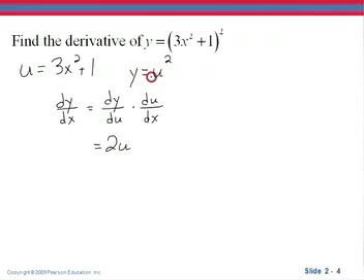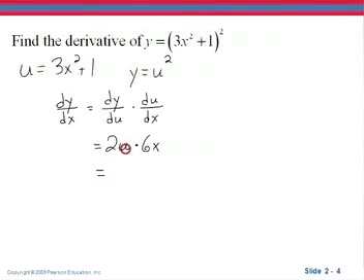Make 2 our coefficient, subtract 1 from the exponent, times du dx. That means we're going to take this function and differentiate it with respect to x. So we bring the 2 to the front. 2 times 3x is 6x to the first power. And the derivative of 1, of course, is 0 since it's a constant.